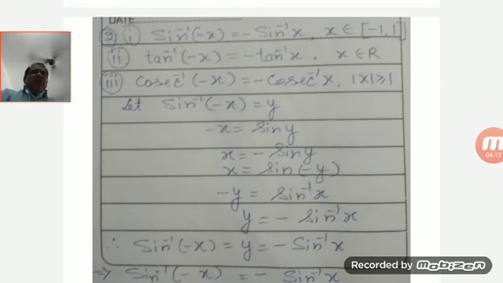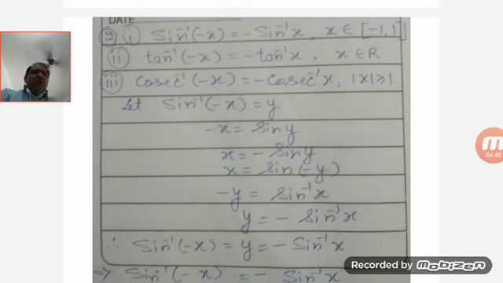Only the first one we have to prove; the second and third you can do by yourself. Let sine inverse of minus x be equal to y, the left side of the first property. So minus x can be written as sine y, or x can be written as minus sine y. Minus sine y we can write as sine of minus y. So x is equal to sine of minus y.